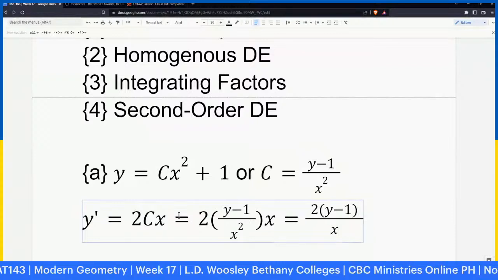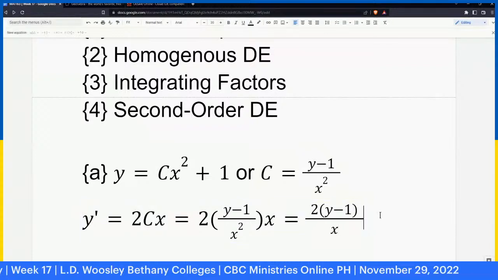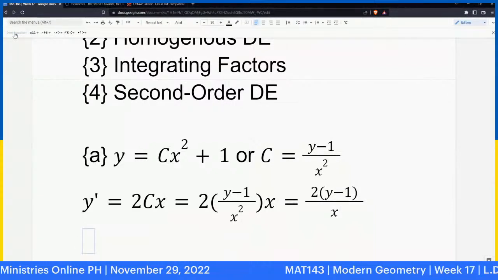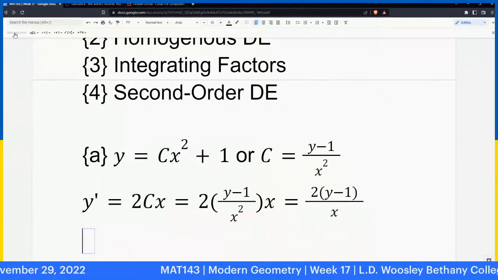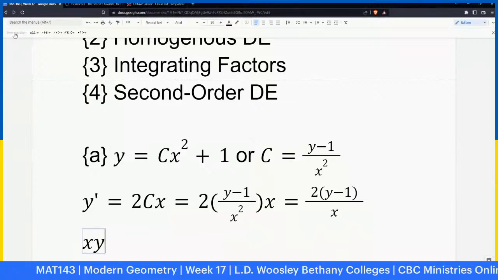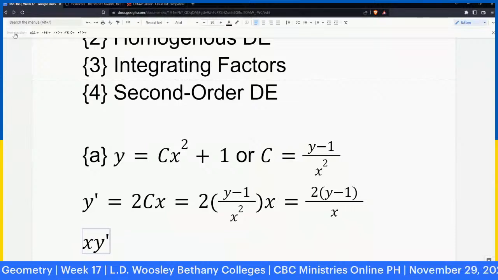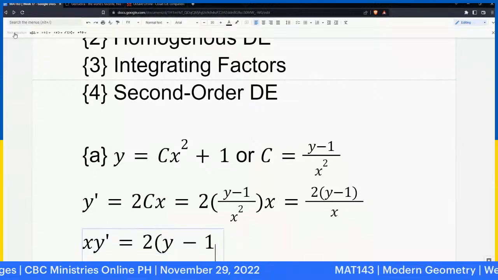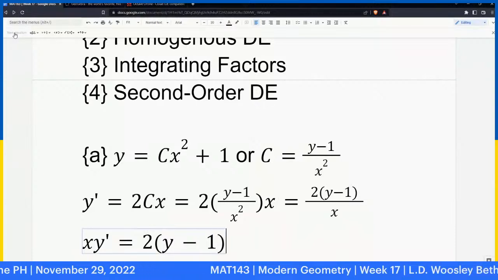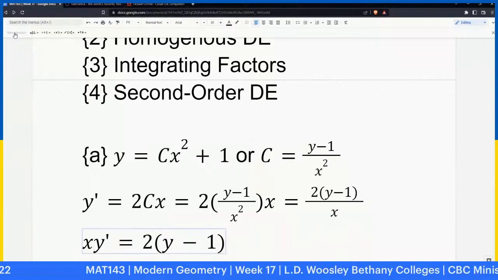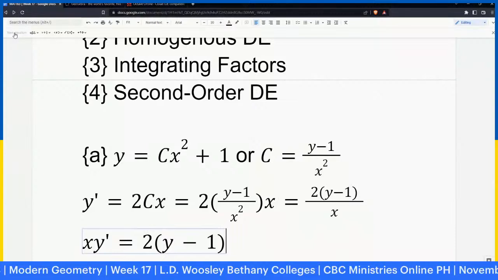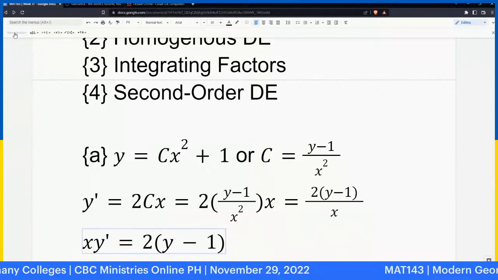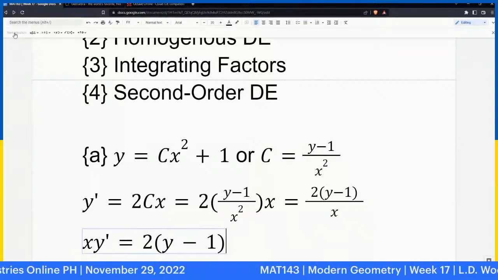From there, we could just multiply x to the other side of the equation. So the differential equation produced is xy prime is equal to 2 times y minus 1. That's how you eliminate a constant. You could eliminate a constant using the derivative. Okay, Michaela, make sense?